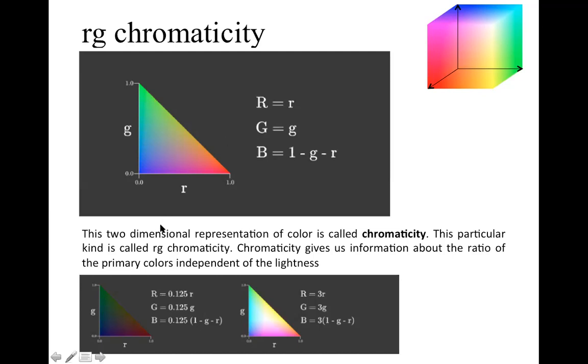You could take another parallel plane, but instead of R plus G plus B equals 1, you can have R plus G plus B equals 0.1125, and here you can take it equal to 3.